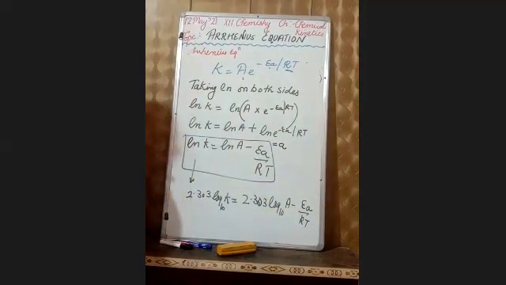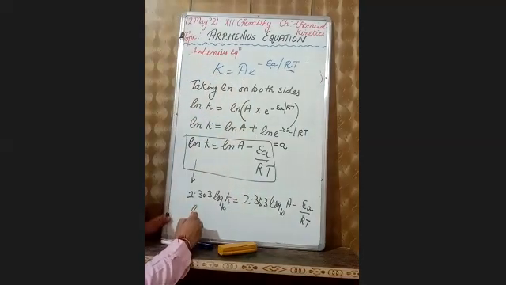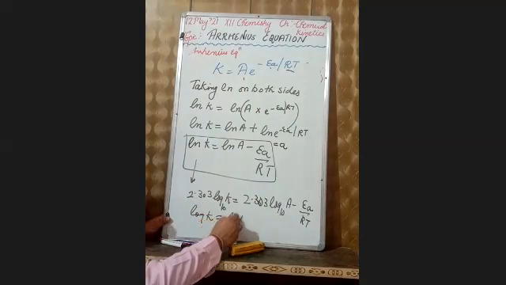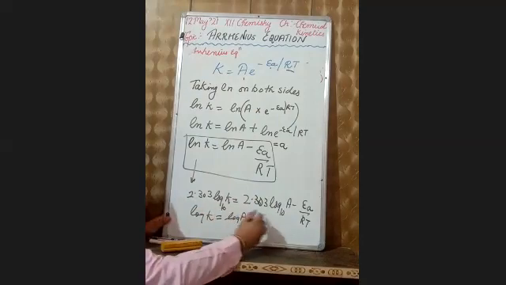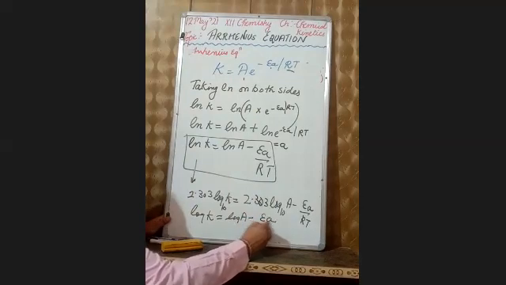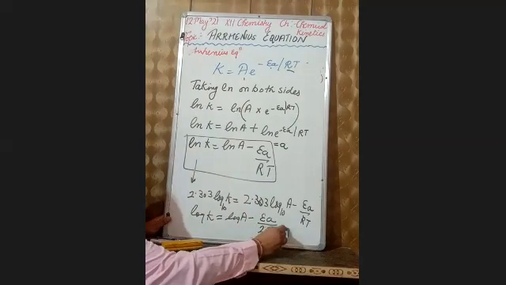Dividing by 2.303, it will be cancelled, and next comes out to be log k is equal to log A minus Ea over 2.303 RT.